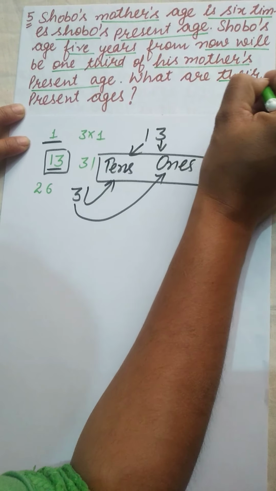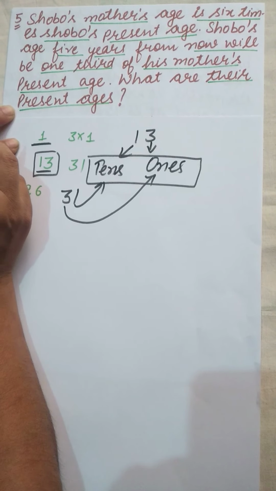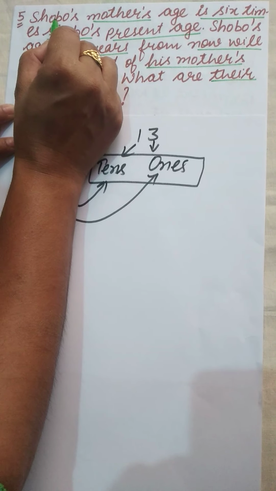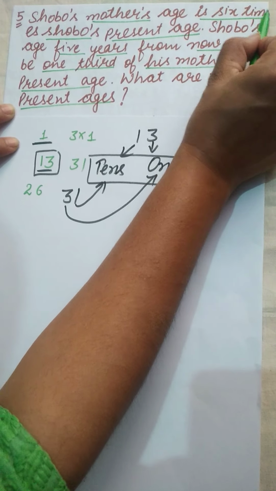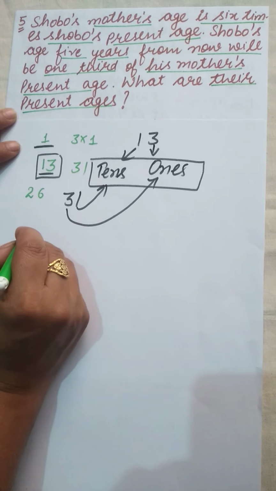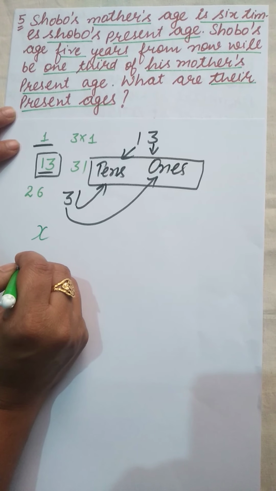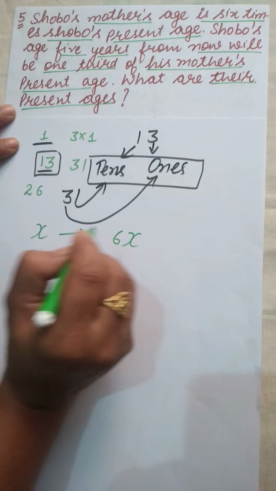What are their present ages? Now in this question, Shobho's mother's age is 6 times Shobho's age. It means if I am taking Shobho's age as x, then his mother's age will be 6x.